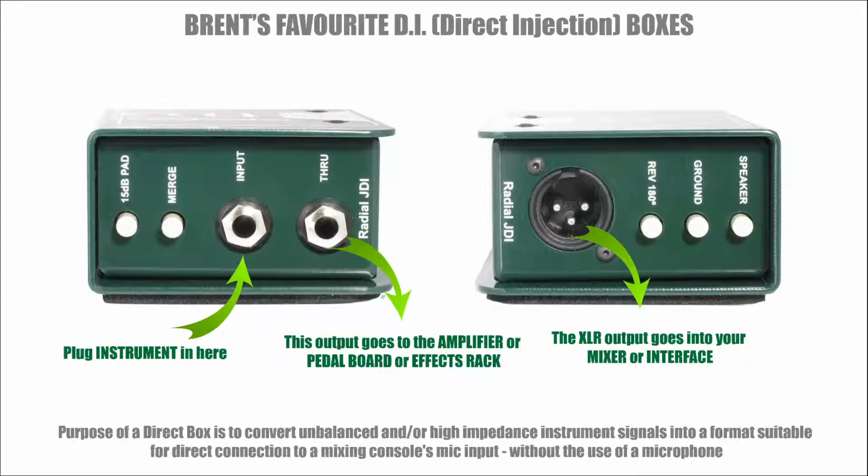And then you can take another quarter inch out of the through, which is the thing on the left side there. You can see the through, and that goes into your tube amp or into your THR amp like we're going to use now, or maybe even to an unnamed amp, which is coming up shortly. So that's all there is to it, and you put it in line and you can record it that way.